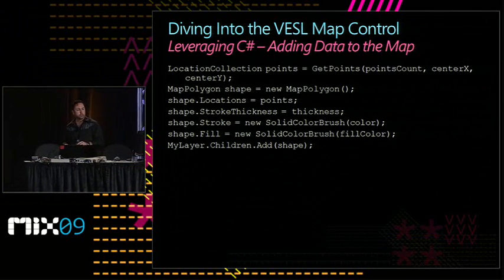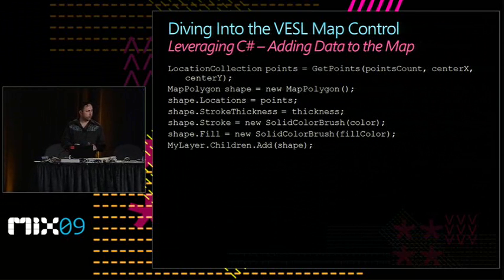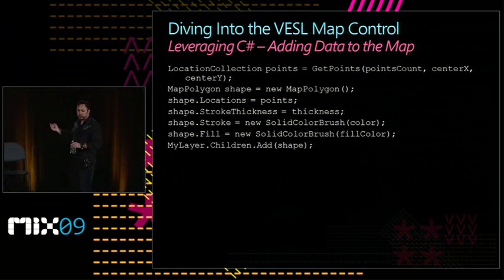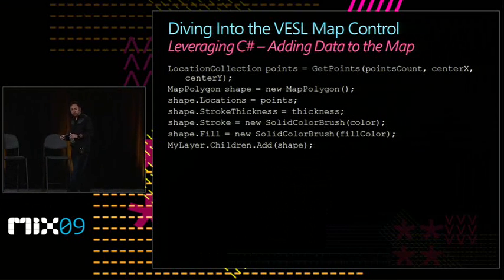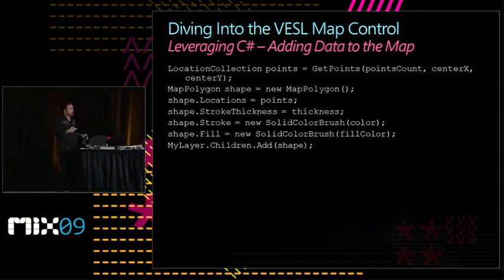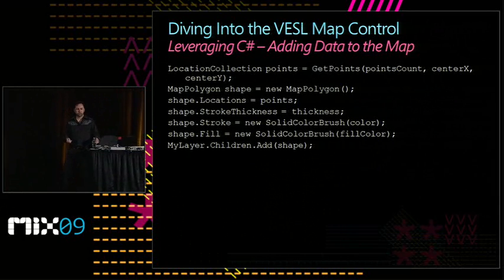Yes. Okay, so for adding polygons, it's very similar to the pin. You add a layer, and then you set the stroke, which is the border, and the thickness, the fill, and then you add that as a child to the map.